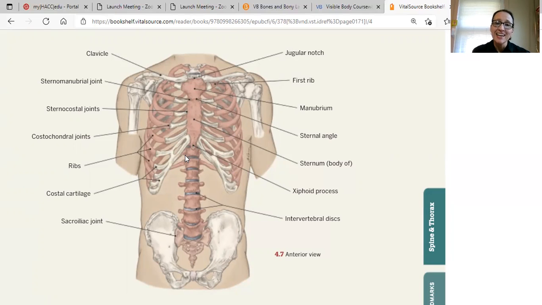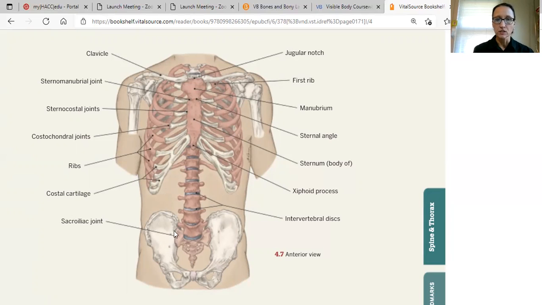Ribs 11 and 12, which are difficult to see, this one right here is 11, and this one right here is 12. They don't attach to the sternum at all, therefore they are floating ribs. And like I said, ribs 8, 9, 10, 11, and 12 are called false ribs. So we have true ribs and we have false ribs.